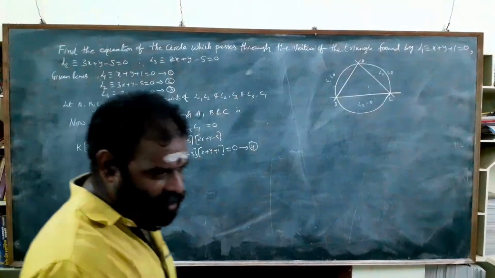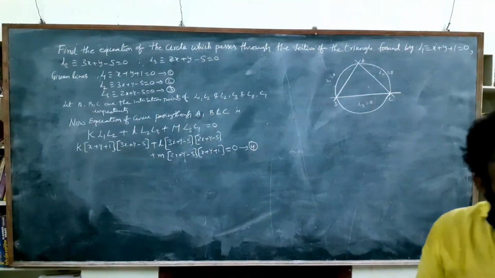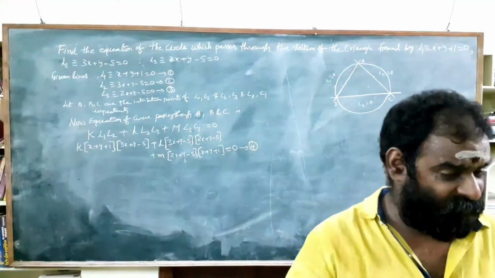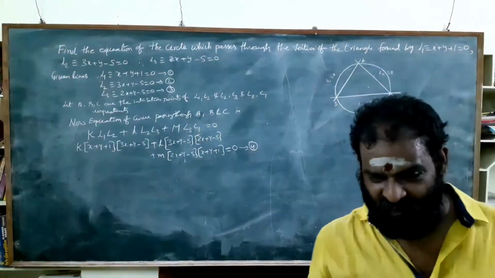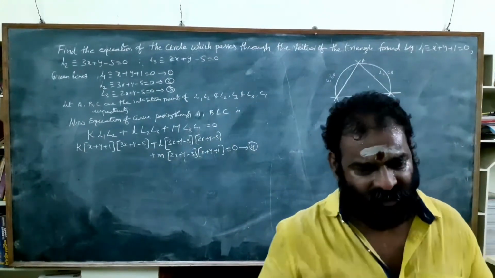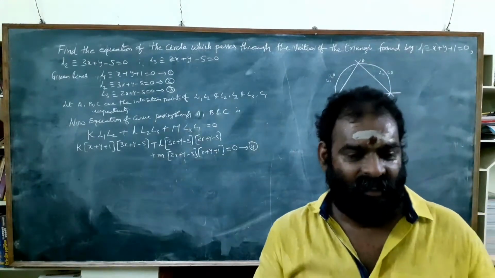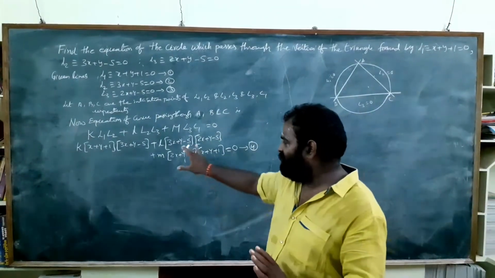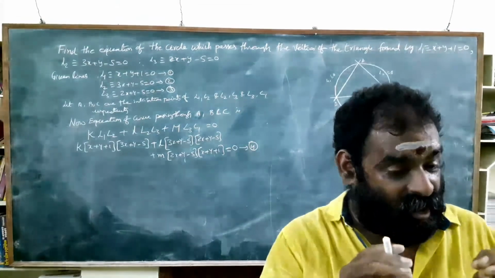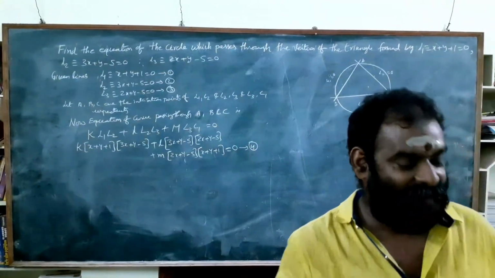Now what are we going to find? The equation of a circle. This is a second degree equation of a curve, and if it is a circle, it satisfies some conditions. Because we have to find the equation of a circle, we take it as a second degree equation and then impose the conditions.